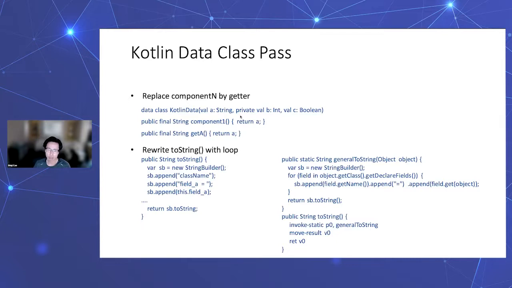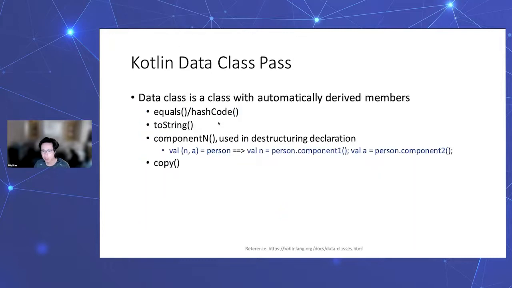The reason the compiler generates these two methods is that the component method is marked as an operator, like plus, minus, assignment. This destructuring line here is actually an operation on this person object.